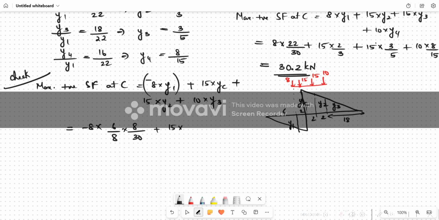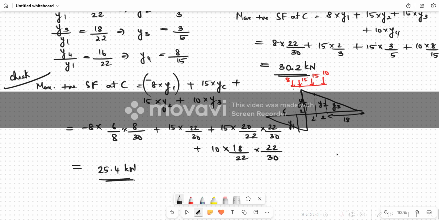Okay, so this will be 15 into 22 by 30 plus another 15 into 20 by 22 into 22 by 30 plus 10 into 18 by 22 into 22 by 30. So simplifying this, you get 25.4 kilonewton.